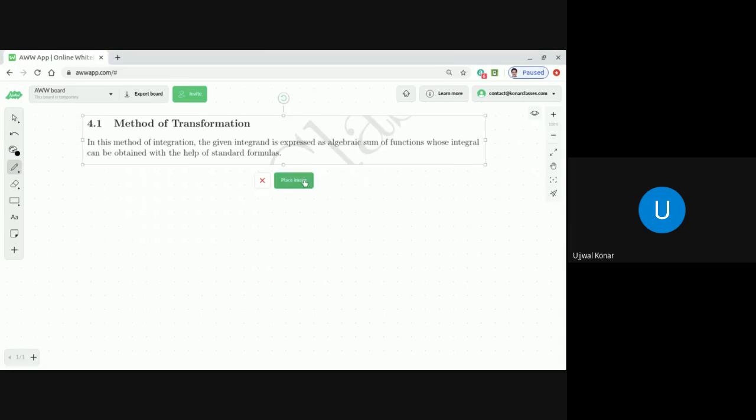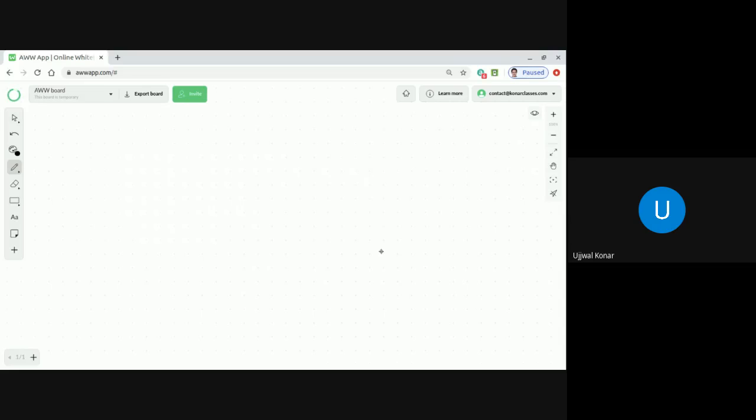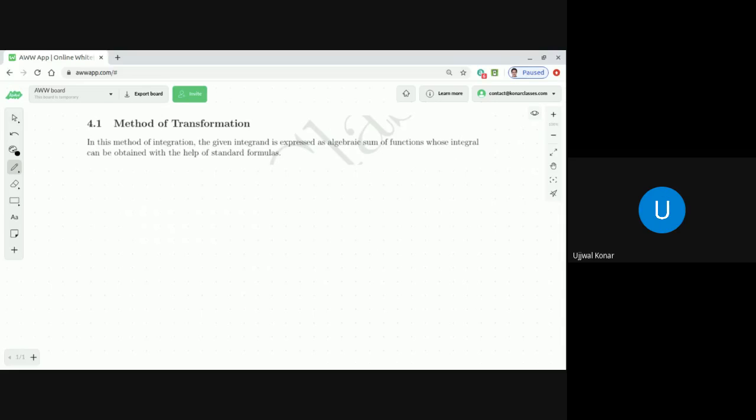The word transformation says a lot here. You know, transformation means what? From one form to another form, correct or not? That is what we call transformation in English. The meaning of the word transformation is from one form to another form.